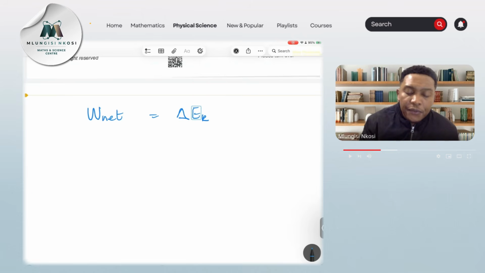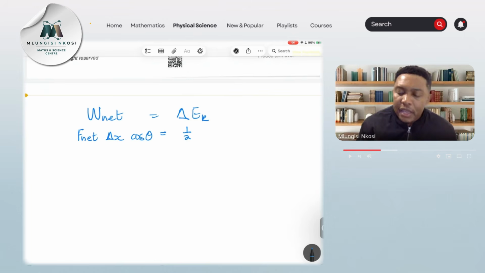It's going to be the frictional force. So that's F net times delta X times the cosine of the angle, and this equals half M Vf squared minus half M Vi squared.